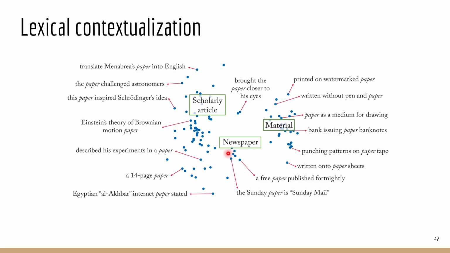Here, there are some instances in which the paper is used as newspaper, and here are some examples in which the paper refers to the scientific meaning of the paper, like the paper challenged astronomers or described his experiments in a paper.